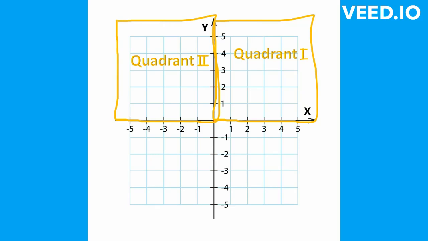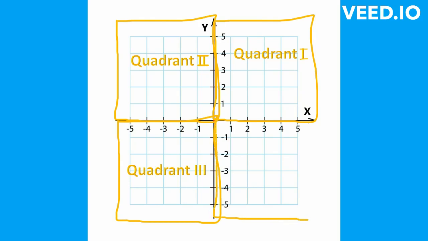The area enclosed by negative x and negative y, both negative, is quadrant 3. And the last quadrant is the area enclosed by positive x and negative y. This is quadrant 4. These are the 4 quadrants into which we divide the coordinate plane.